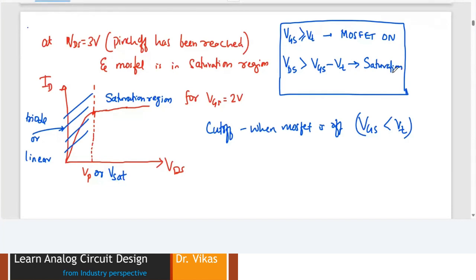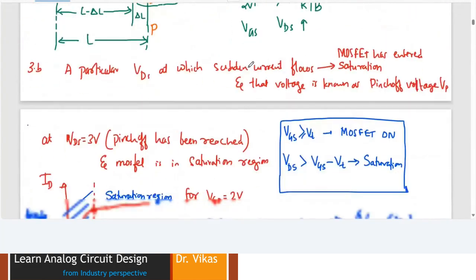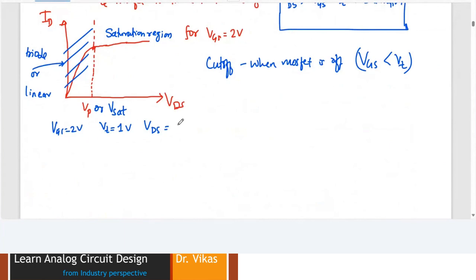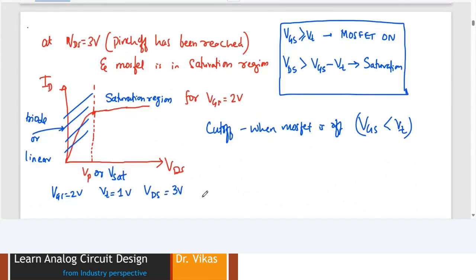This is basically your saturation. If I just see this condition over here, what is your VGS here? VGS is equal to 2 volt, and let's say VT is equal to 1 volt. And what was the VDS we applied over here at which this particular thing happened? It was 3 volts. If I try to put it in this condition, check whether VDS is greater than VGS minus VT.